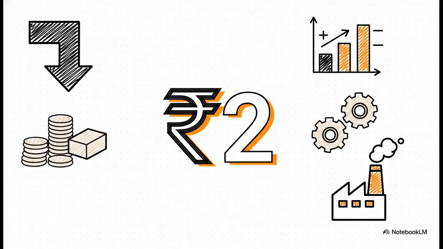So how do we do that? Simple. We take our total actual overhead, let's say it's 1.5 million rupees, and we divide it by our super high actual production, maybe 750,000 units. And what that does is it gives us a new, lower rate, in this case, 2 rupees per unit. This makes sure our inventory value is a true reflection of what it actually costs to make everything.